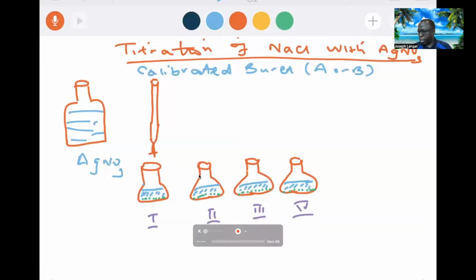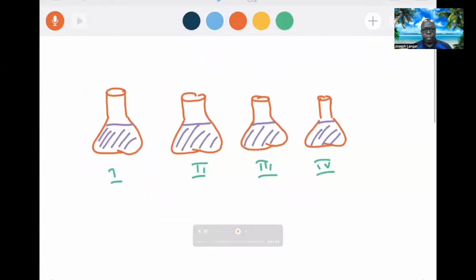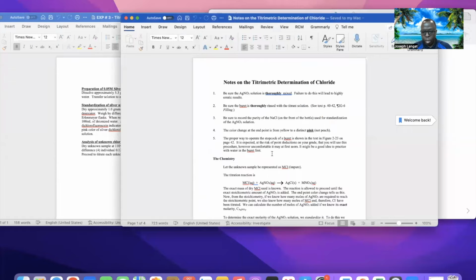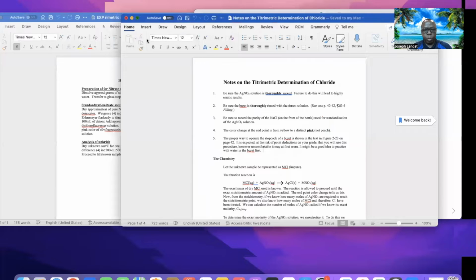And let's see, if you titrate each one of them to the end point, trial 1, trial 2, trial 3, you should have the masses of each. Let's say the mass of each sample based on the lab notebook.